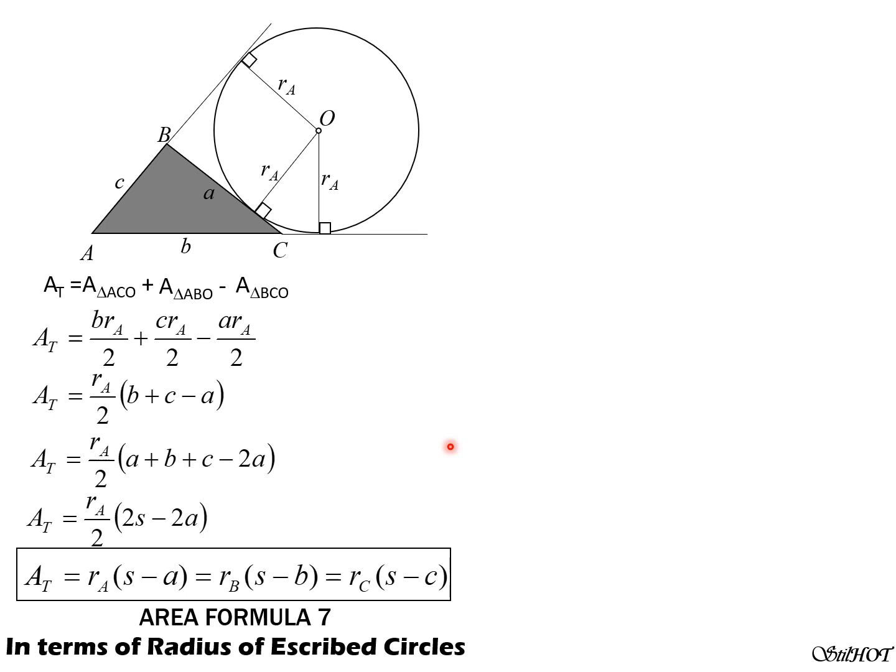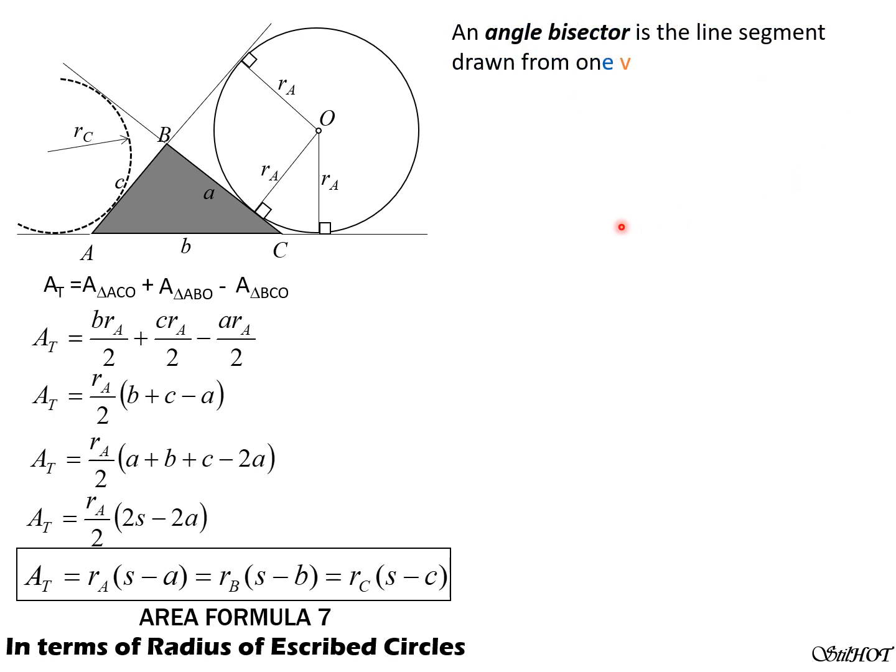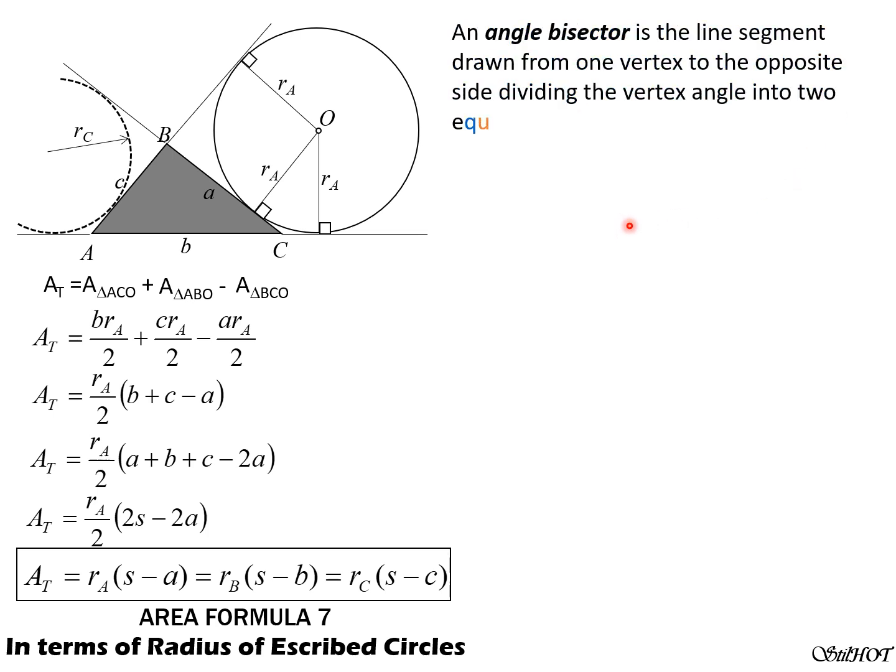Then other elements of a triangle is an angle bisector, because the point of intersection of the angle bisectors is the incenter, remember, we already defined this.